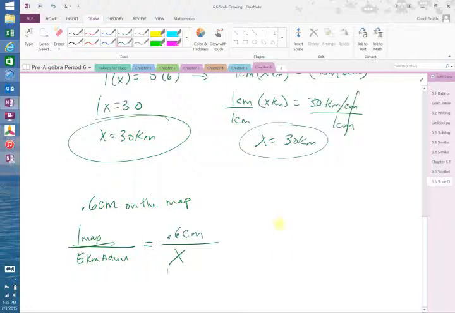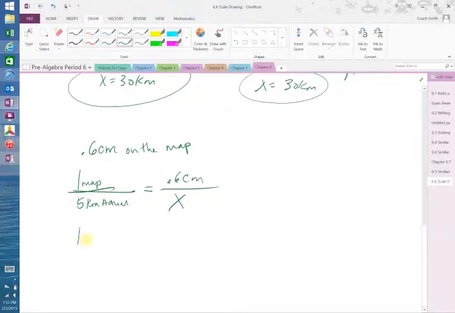So we cross multiply, and that gives me 1 times x is equal to 0.6 times 5. 0.6 times 5 is 3.0.